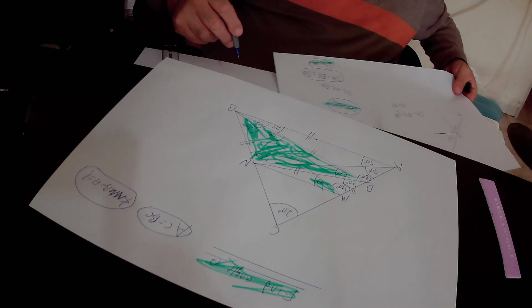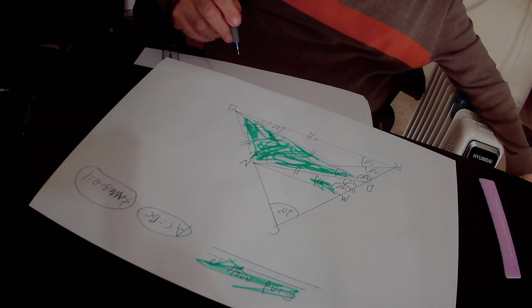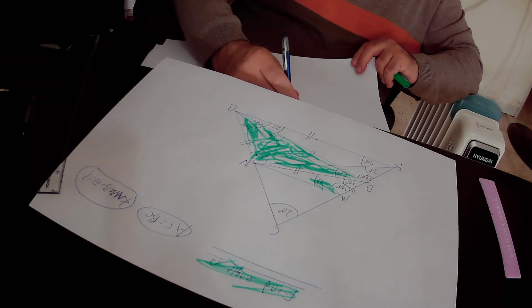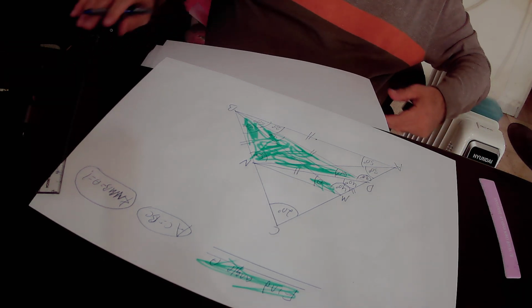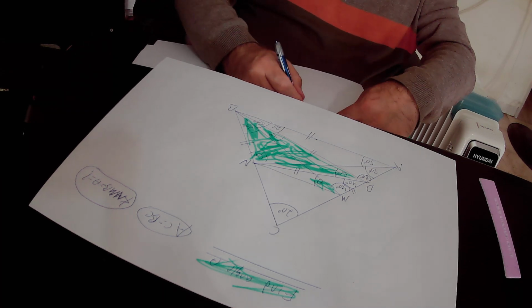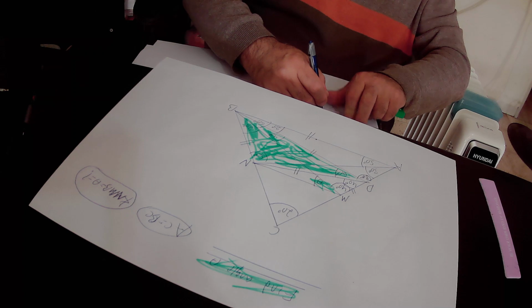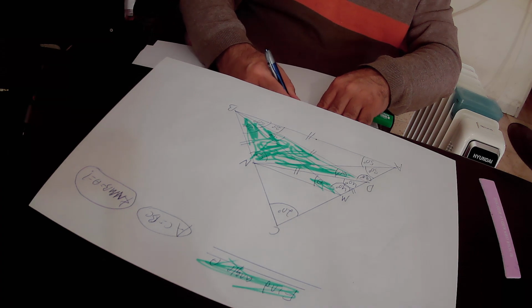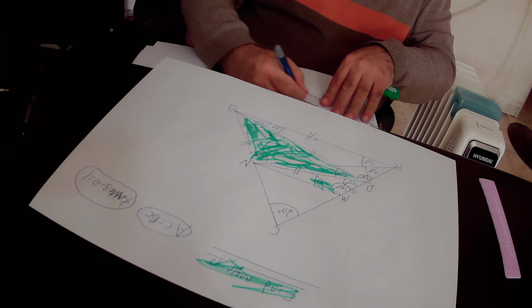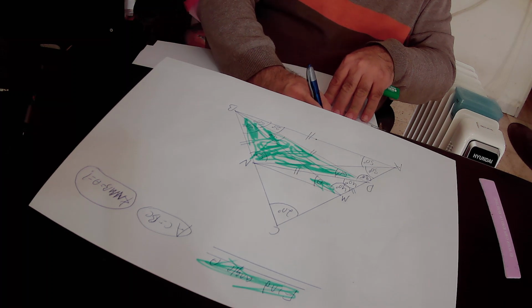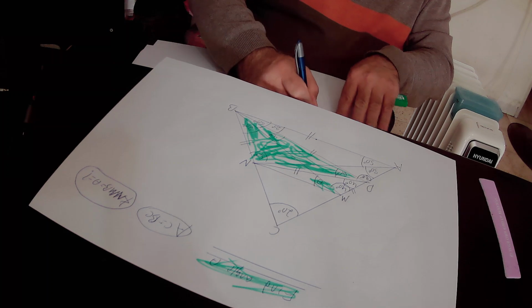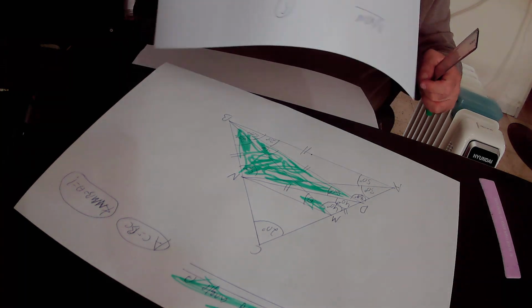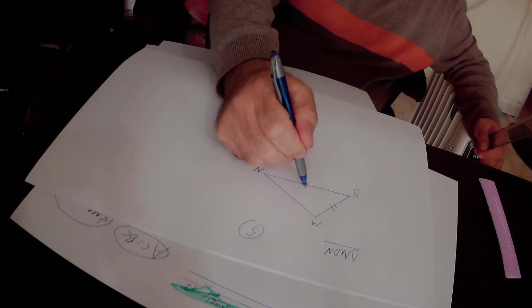The next step, I will copy triangle DMN in a new page and we'll analyze it. Again, DM equals DN.